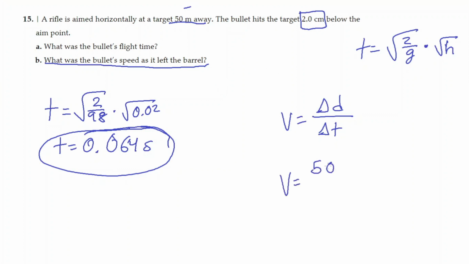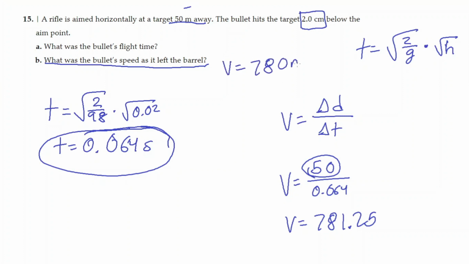Delta d is going to be 50, and on the bottom we're going to have 0.064. So all we need to do is 50 divided by 0.064, which is going to give us a velocity of 781.25. But since we're dividing here and 50 has two significant figures, our bullet speed as it leaves the barrel is going to be 780 meters per second. And that's going to be your answer for B. And your answer for A is going to be 0.064 seconds.